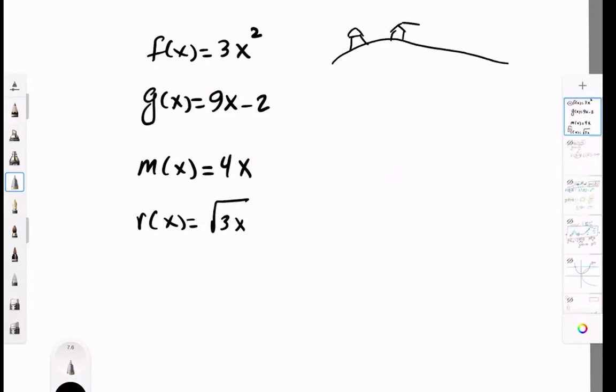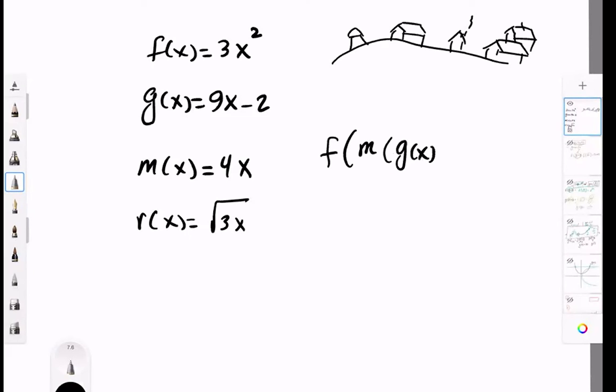We have four different factories. Good. So we would like to input of one of them, output of another one, so we're going to combine them. The question is, what is f of m of g of x?